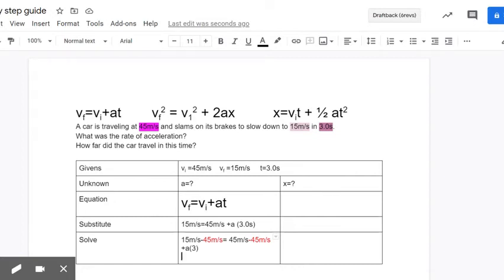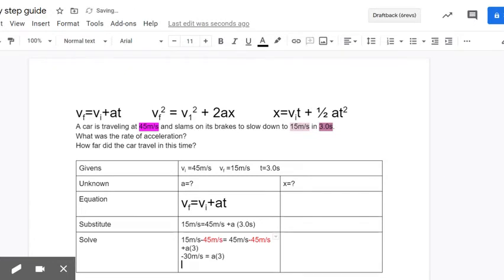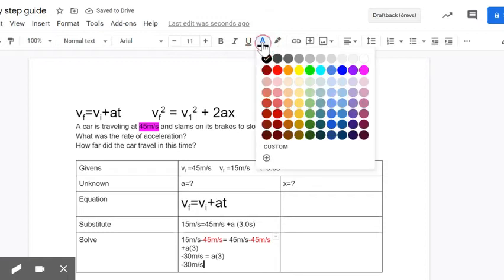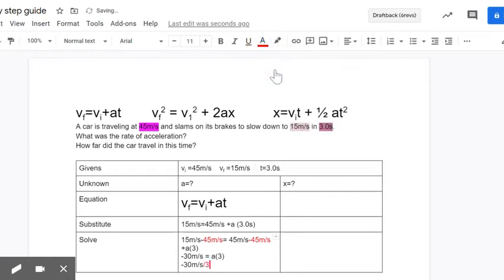15 minus 45 gives me negative 30 meters per second equals A times 3. Now I'll add in again in red what I'm doing. I'm going to divide both sides by 3 because I want that A all by itself.